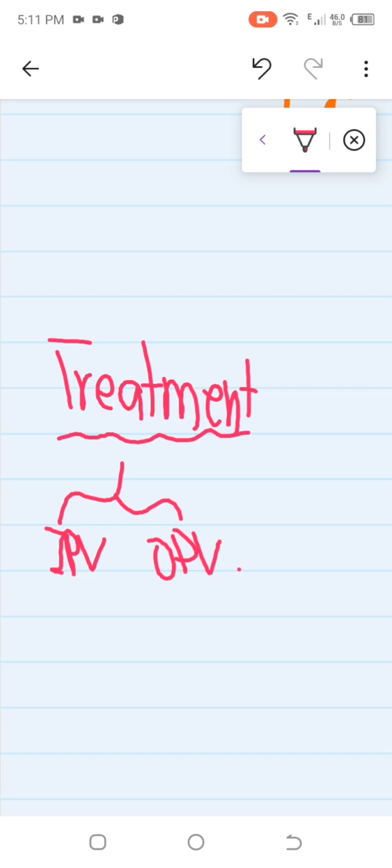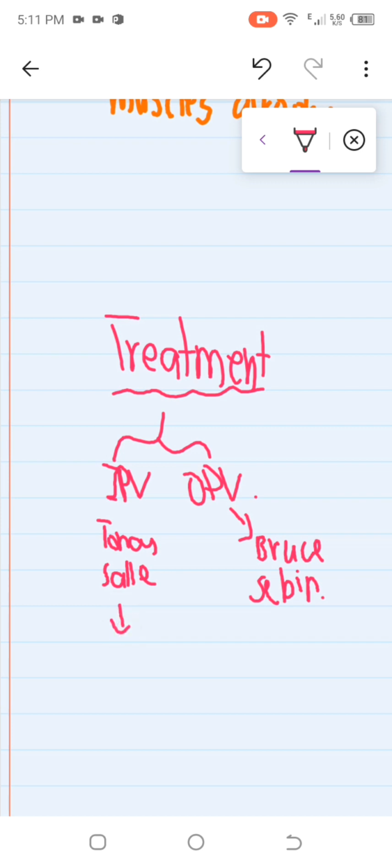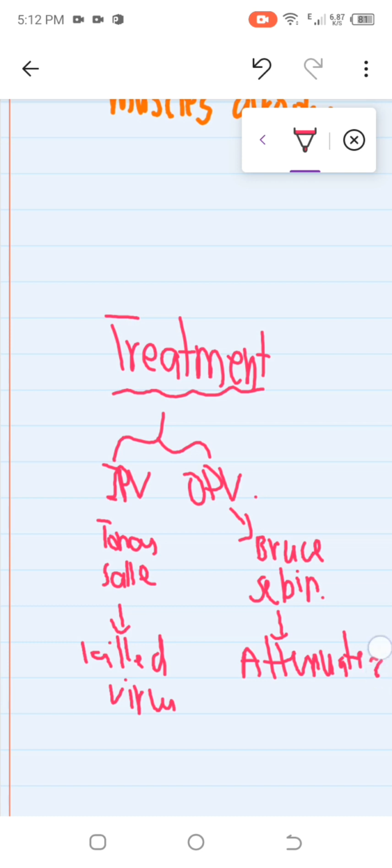IPV kills the virus, and OPV uses an attenuated virus, which means the virus is not killed but is a weak virus. IPV is utilized by every developed country.